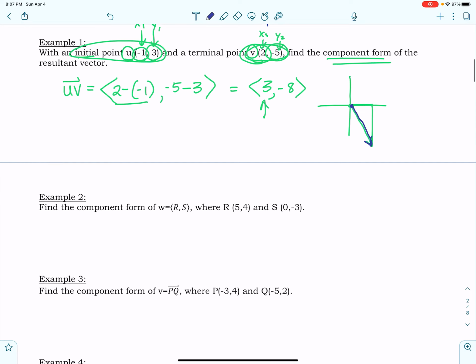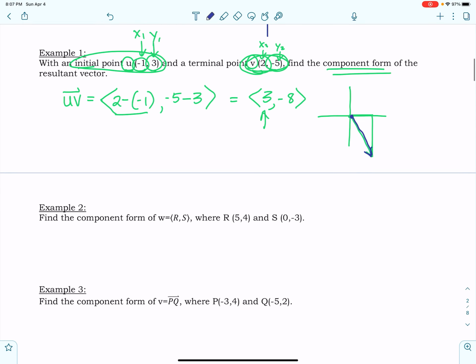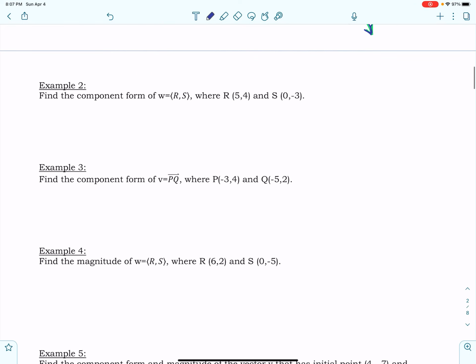Okay, pre-cal, in this video we are going to look at more examples on finding the component form of vectors. So this one shows me that my initial point is R, so this is x1, y1, and S is my terminal point, so x2, y2.